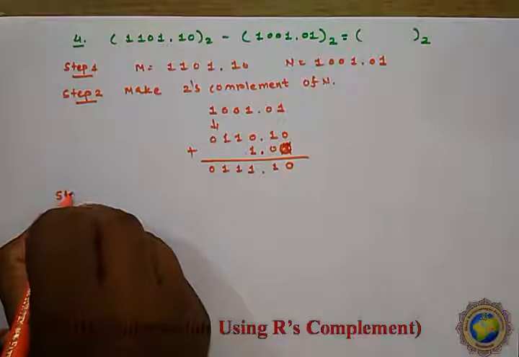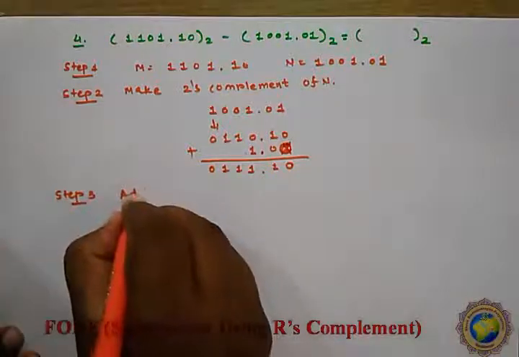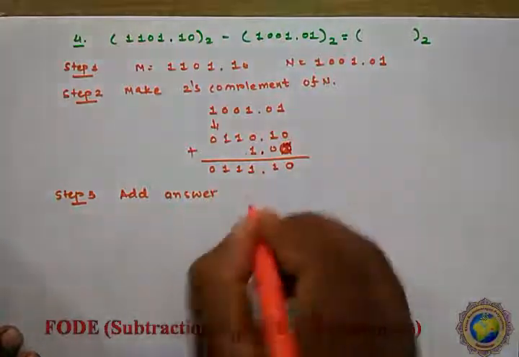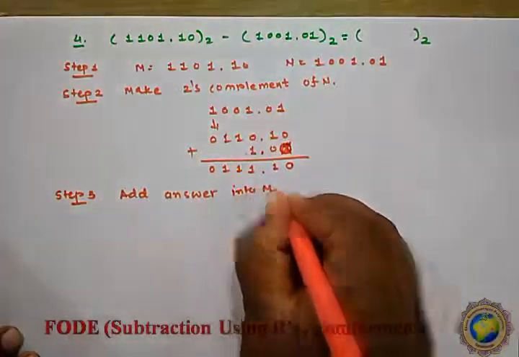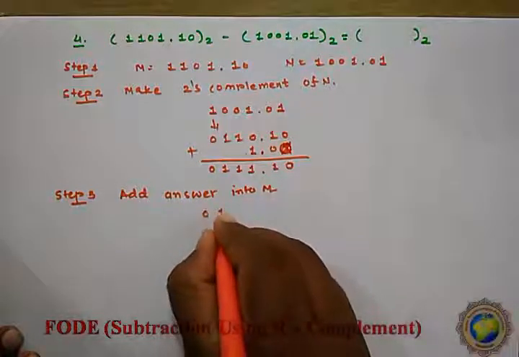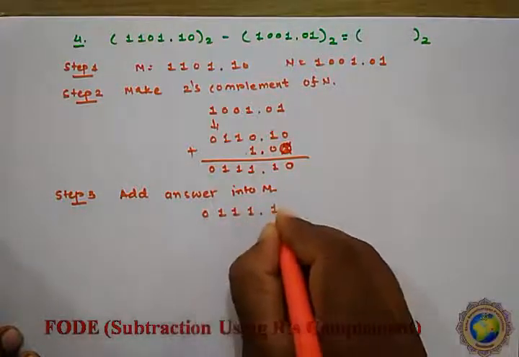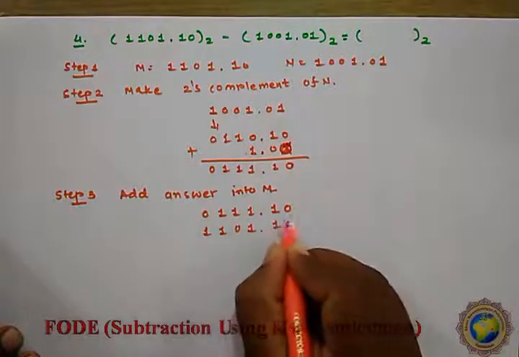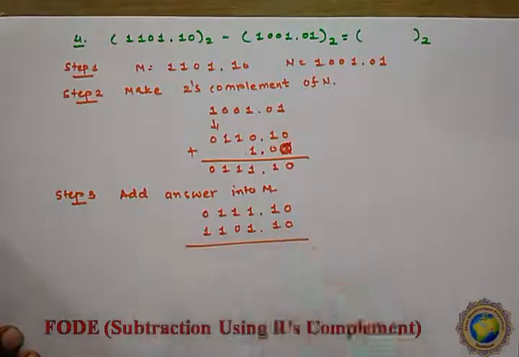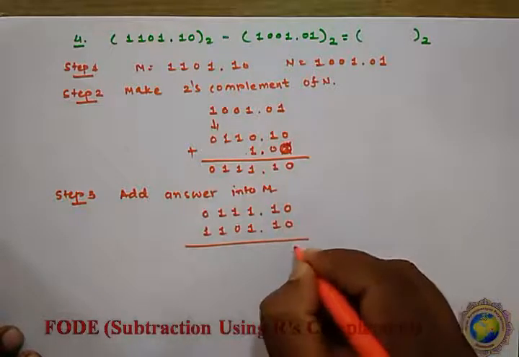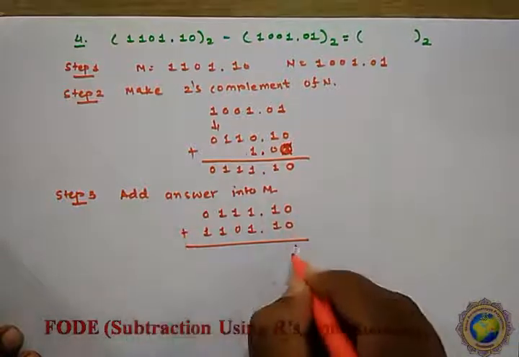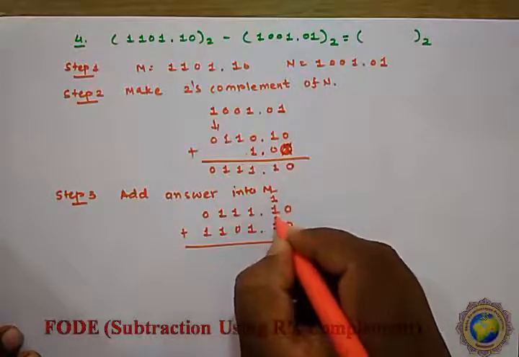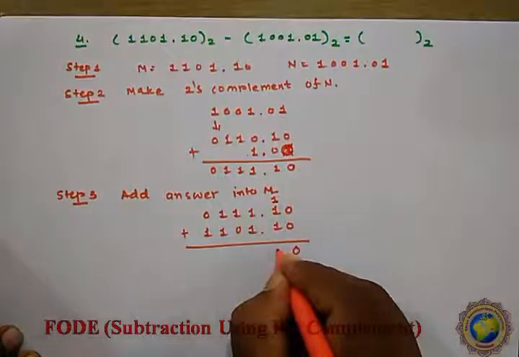Now step 3: add the answer into m. What is our answer of step 2? That is 010.1110. What is m? 1101.10. Okay. Now 0 plus 0 is 0. 1 plus 1 means carry is 1.